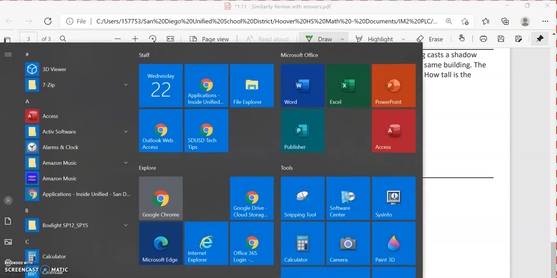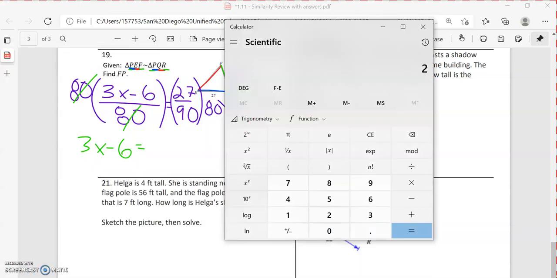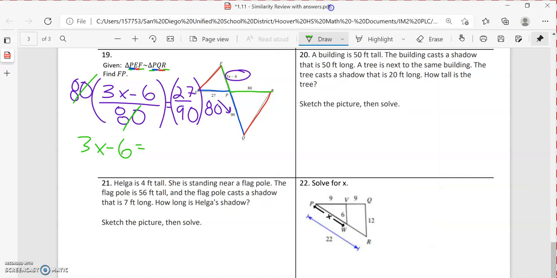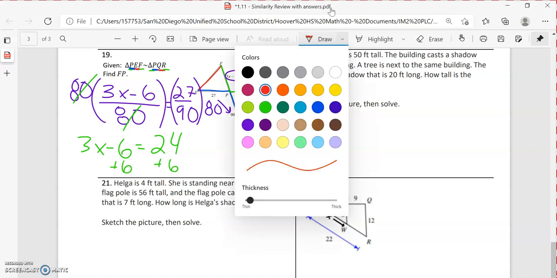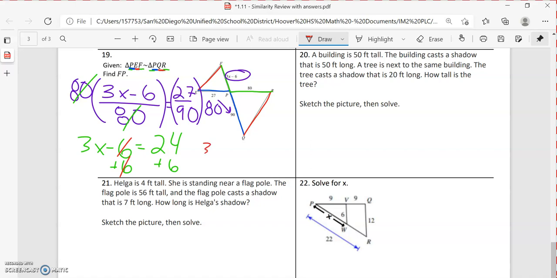Let's see what that math is. So 27 divided by 90 times 80. We get 24. So it equals 24. Add 6 to both sides. Gone. 3x equals 30. Divide both sides by 10. We get x equals 10.